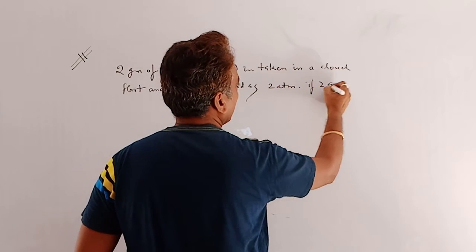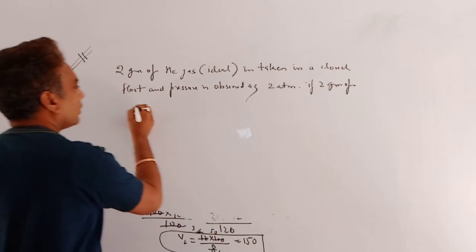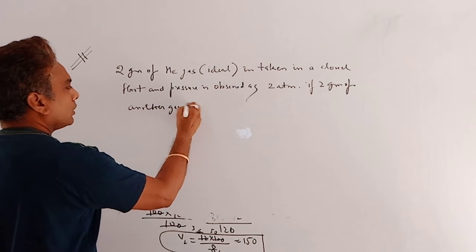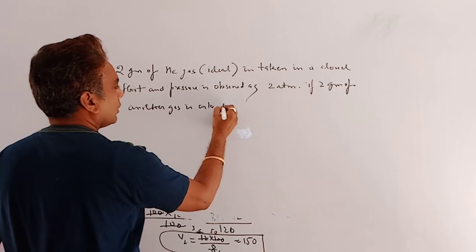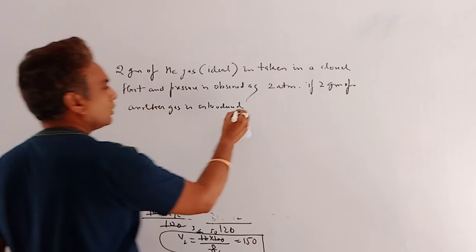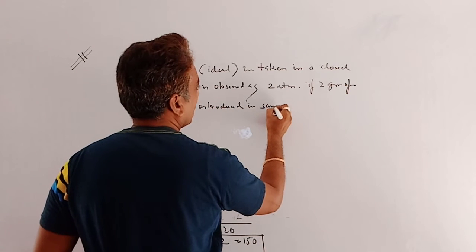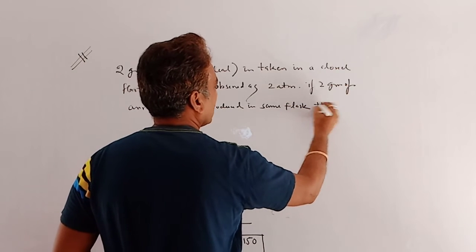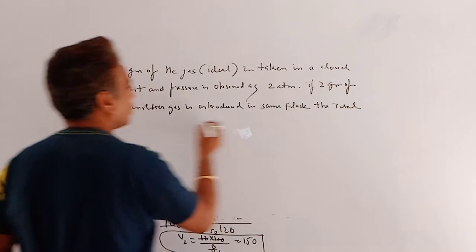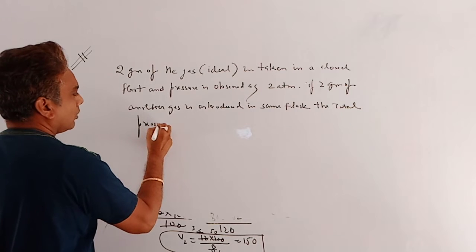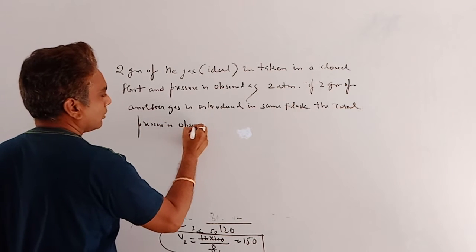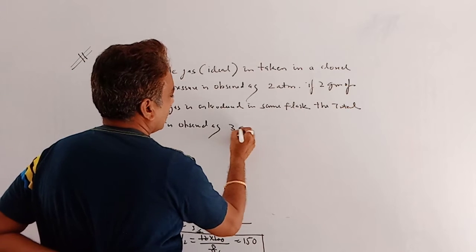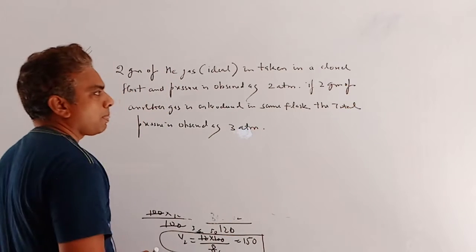If 2 gram of another gas is introduced in the same flask, the total pressure is observed as 3 atmosphere.